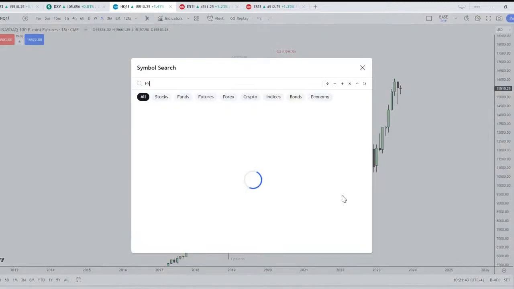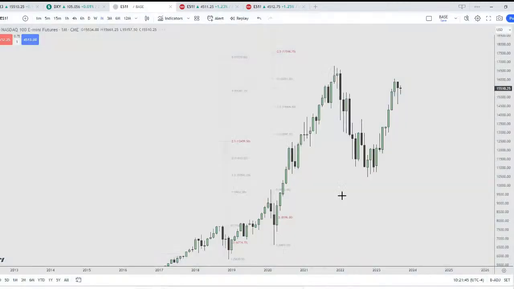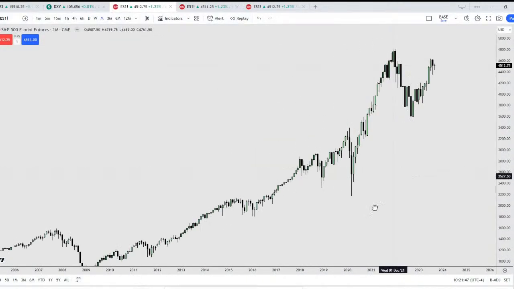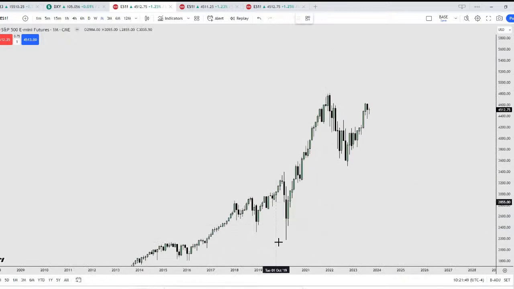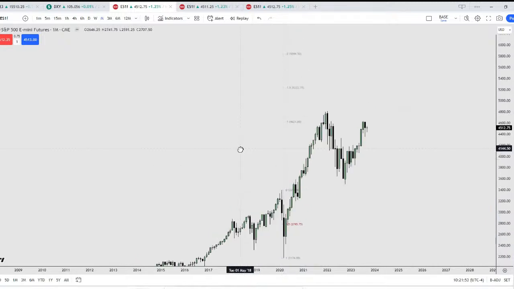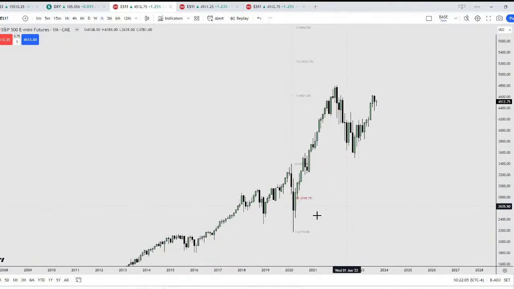And for ES would be right here, highs and lows. Okay, barely reached into 2, right? Still at 1 to 1.5. And then, okay, this is the lowest low, so I'm just going to use this as an inception of the move.